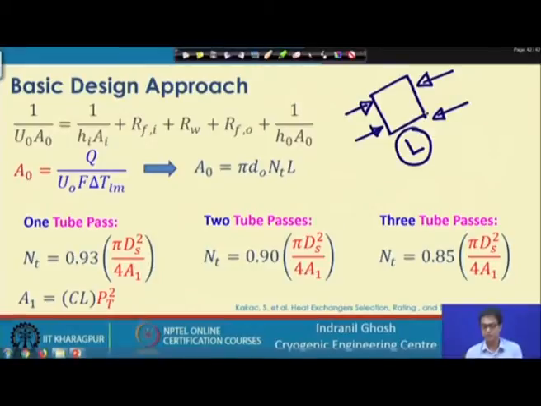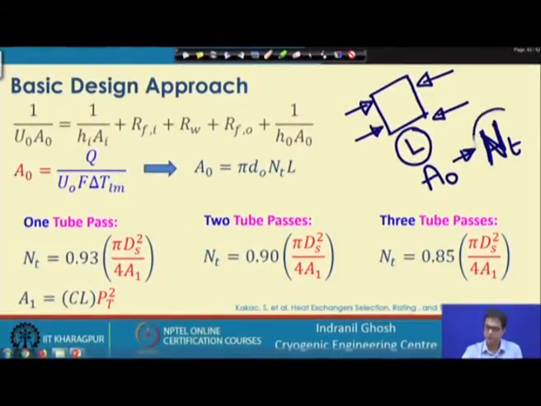Then we make an estimate of this heat transfer surface area, and then we try to figure out the actual number of tubes, NT.